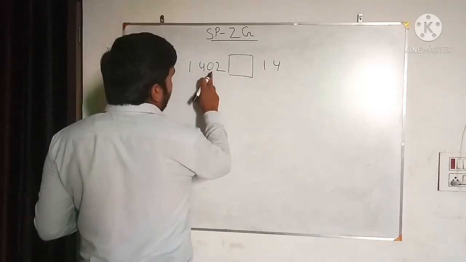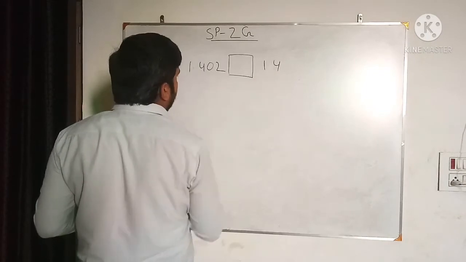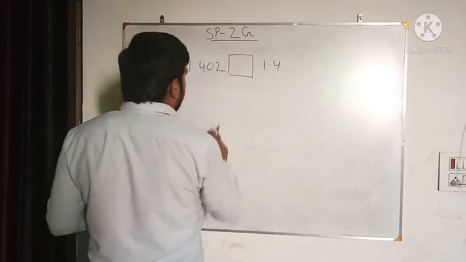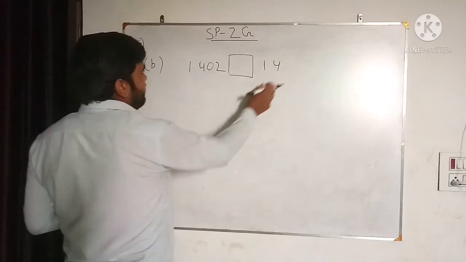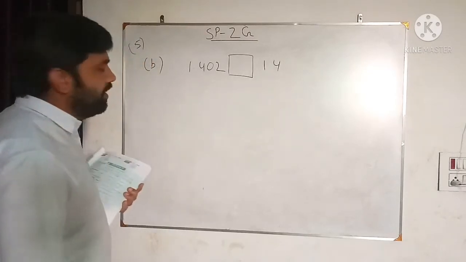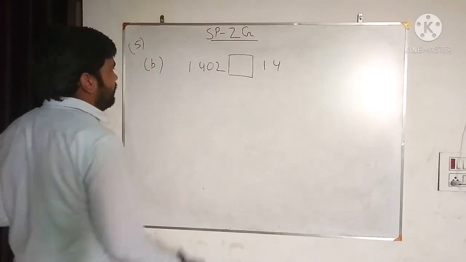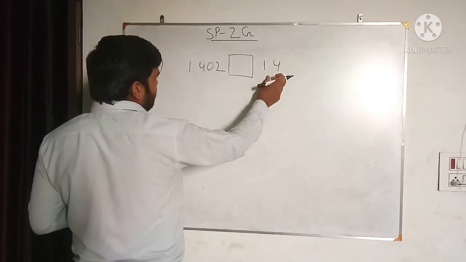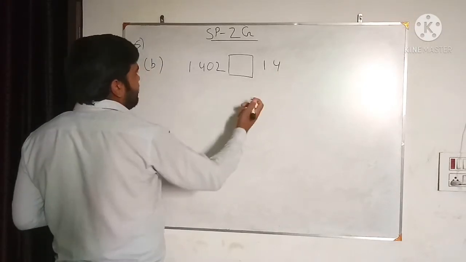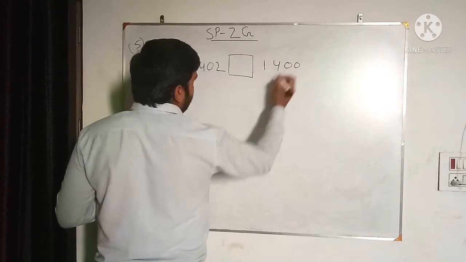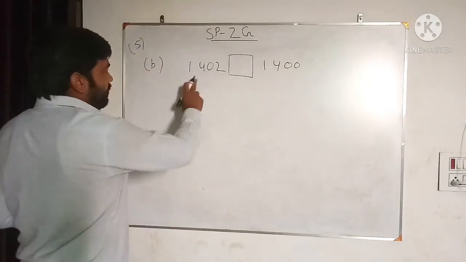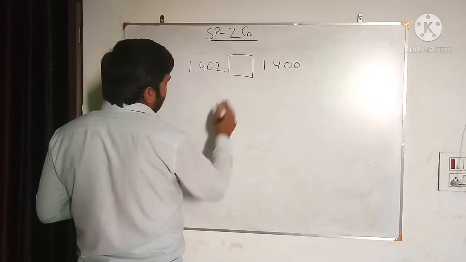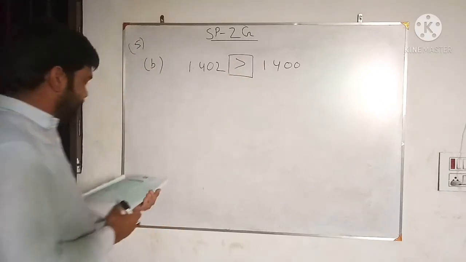This is 1.402 and this is 1.4. Now this number is 3 decimal places, this number is 1 decimal place. So comparison cannot be done in different decimal places. So we have to convert this decimal also into 3 decimal places. So 1.400. Now 1.402 is greater than 1.400, like this.